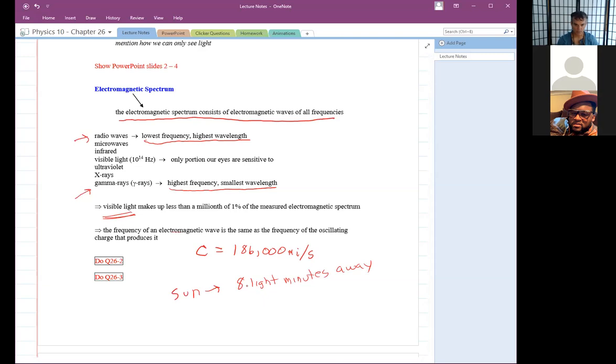If you've ever heard of a light year before, a light year is actually a unit of distance, right? In space, distances are so vast, it doesn't make sense to measure things in miles. We measure it in light years, and a light year is how far light travels in a year.